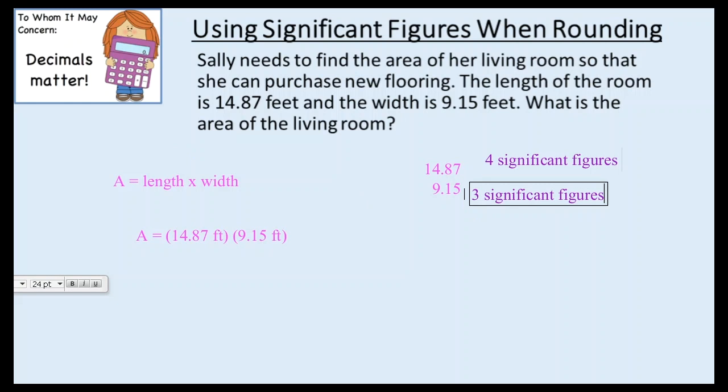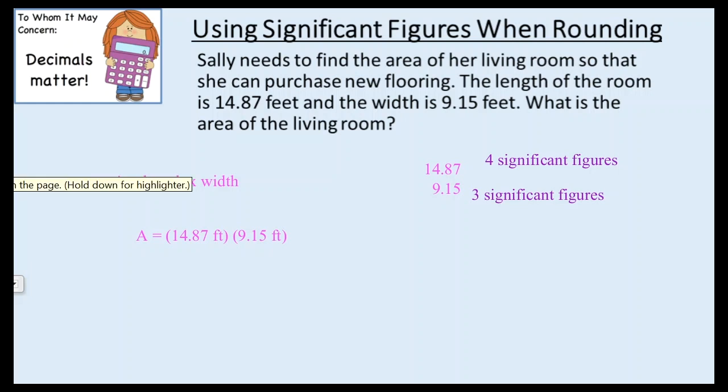So what we're going to do at this point is take a look at the values involved, whether there's 2 different numbers you're multiplying or 3, however many there are, and figure out how many significant figures each of them has. Whatever is the lower value, that is how many significant figures your answer needs to have. So in this case, the 9.15 had 3 significant figures, which means my answer needs to have 3 significant figures.